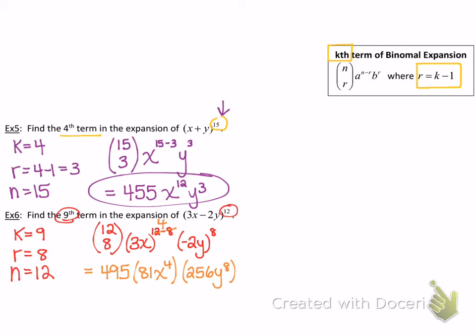So when we multiply 495, 81, 256, yes, it's huge, 10,264,320. And then you have your variables x to the 4th, y to the 8th. So that's how you find a term in the middle of a huge expansion.